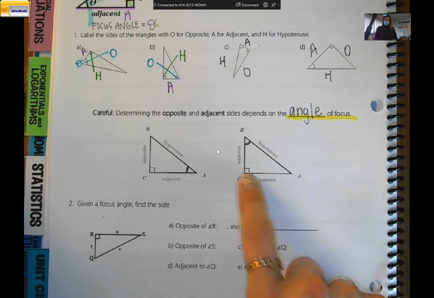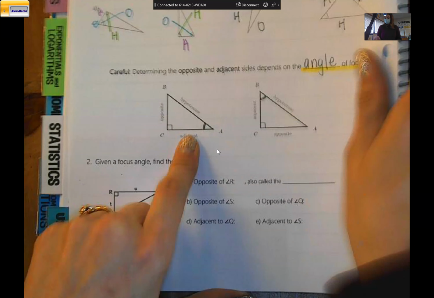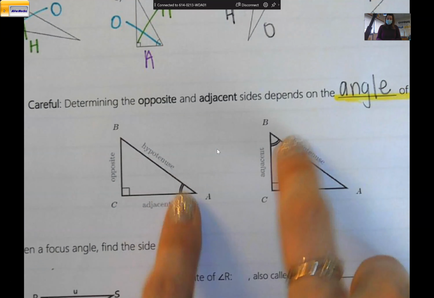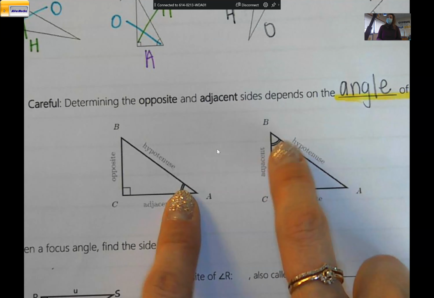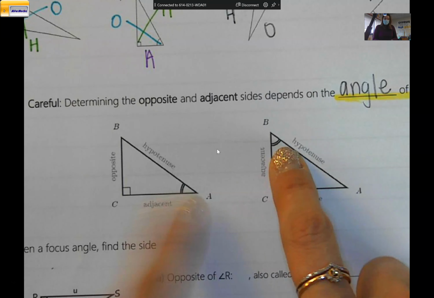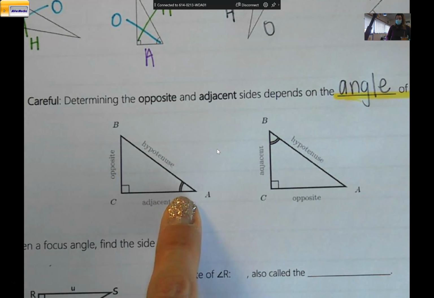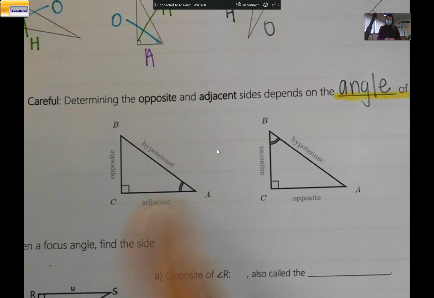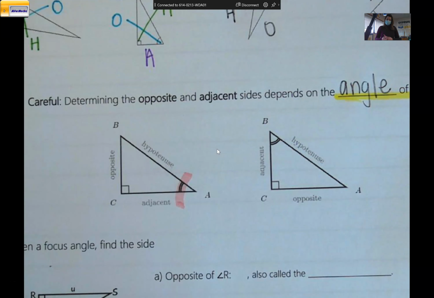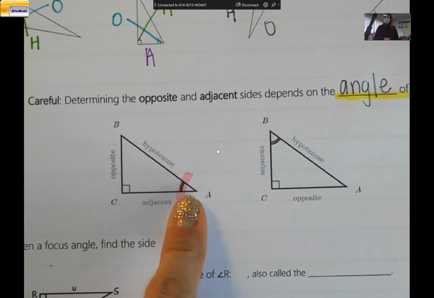So these are the exact same triangle. The only difference is that the angle of interest, or the focus angle, is different. So if your focus angle is A, then it shows you how you would label this triangle.